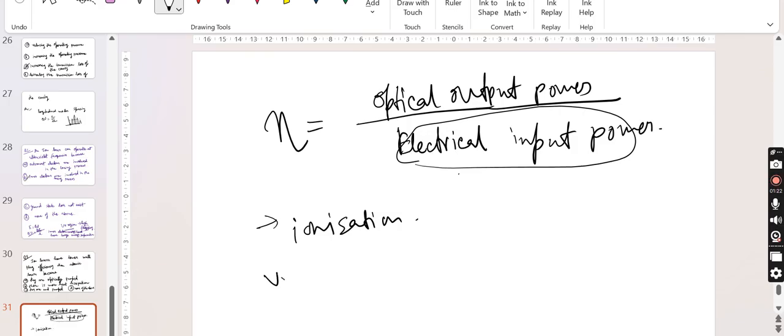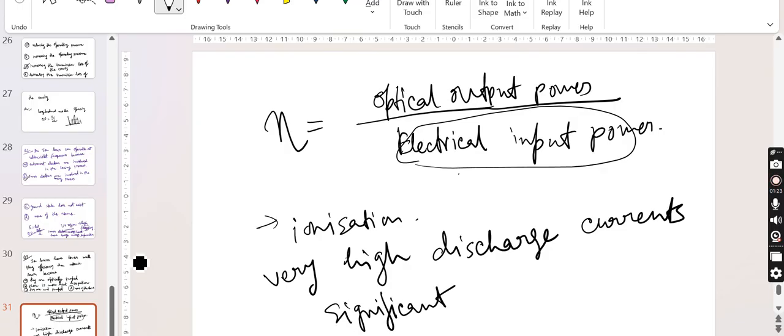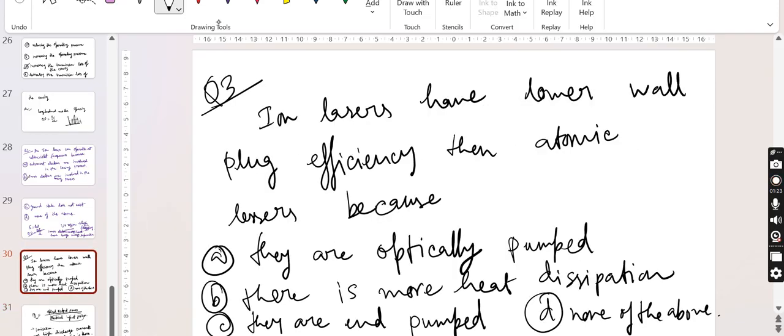For that they need very high discharge current. Because of this high discharge current, significant heating is there. So this is the answer: there is more heat dissipation.